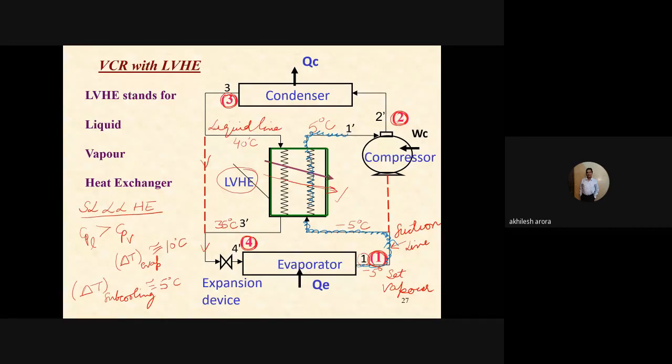So at 1 it is entering into the liquid vapor heat exchanger, and at 1 dash it is coming out from the liquid vapor heat exchanger. It is passing here. It is coming out at 2 dash now. It is 2 dash, and then it is entering into the condenser. After the condenser, it comes out at state point 3 only, but then it goes into the liquid vapor heat exchanger, and then it comes out at state point 3 dash.